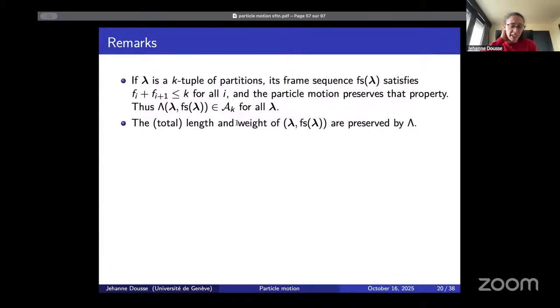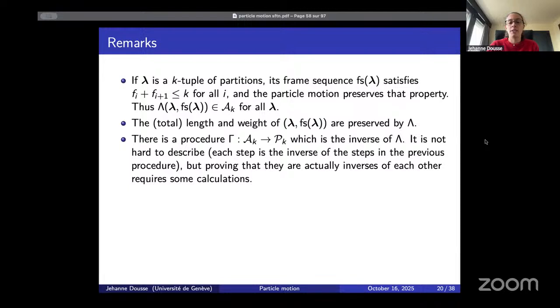Therefore, for the k-tuple of partitions lambda, if you add a part lambda I in this k-tuple of partitions, then we were inserting it in the frame sequence by doing lambda I particle motions. So when we were inserting the part lambda I in the frame sequence, we were increasing the size of the frame sequence by lambda I. So the total size is preserved.